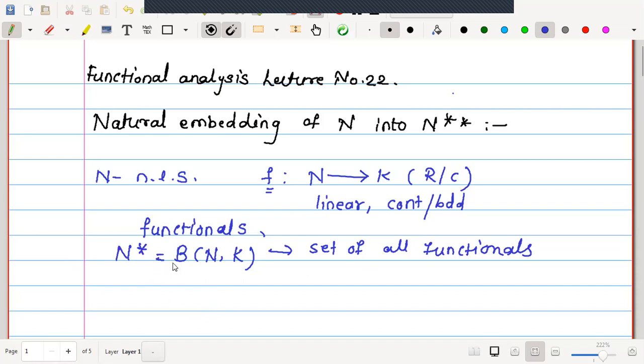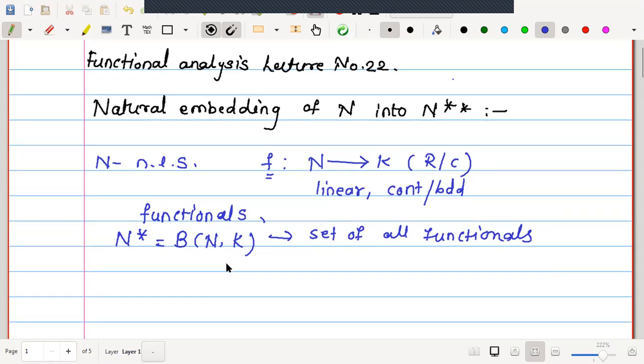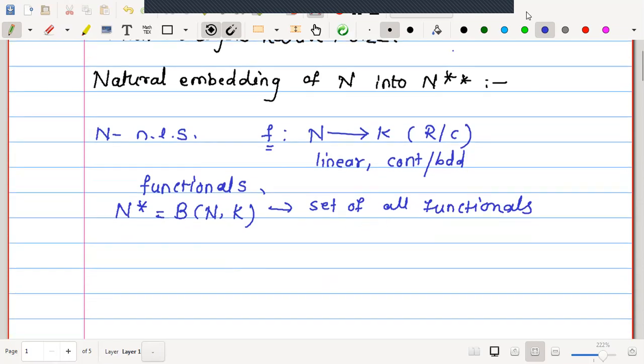And this set itself is a normed linear space under the operator norm. You have to just recall these statements we have proved. Which statements have we proved?